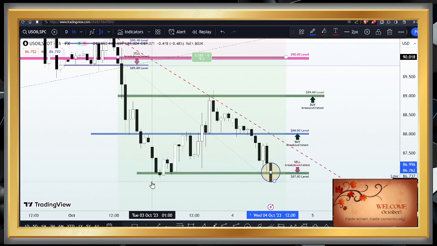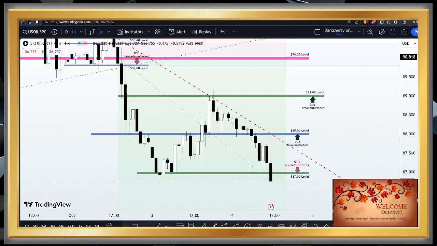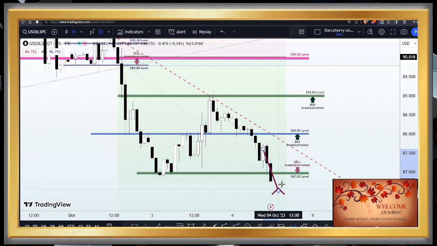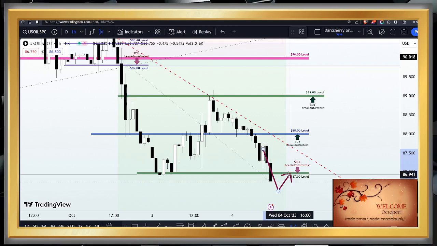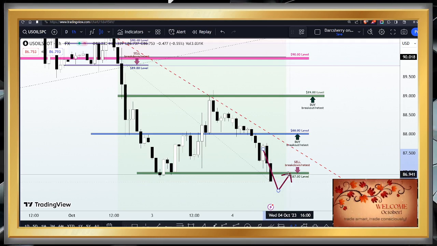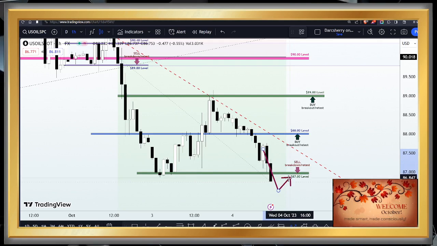Now, what is it that we are going to be looking out for, if you are joining us for the first time? The first thing you want to see here is the breakdown of the $87 level, then scale down to the lower time frame, where we want to see signs that buyers are finding it difficult to break out of that descending trend line. This would reflect on the chart as price retesting the $87 level, or even going as far as that descending trend line.